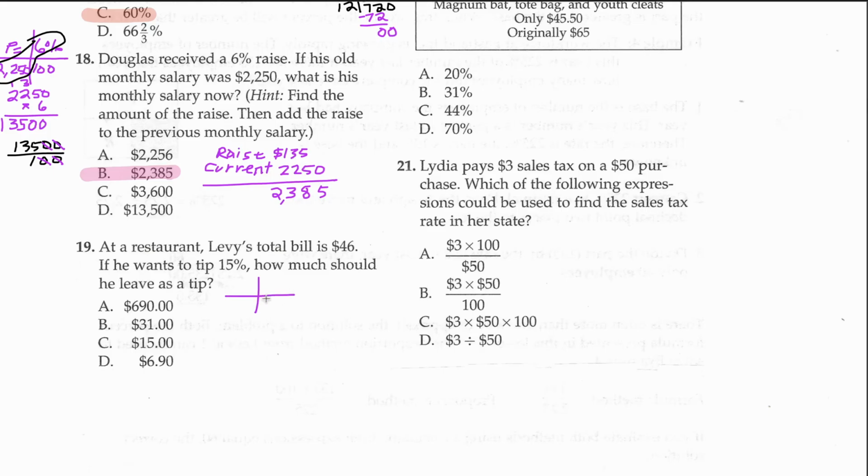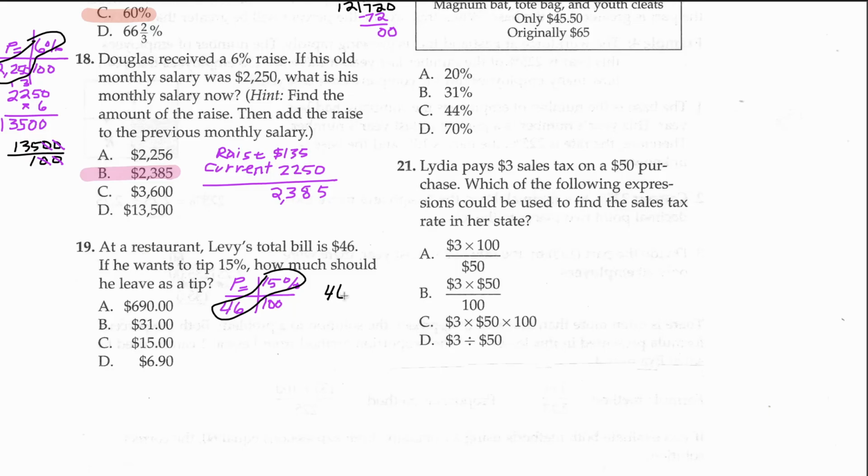And we know this is 100 that goes here. The 15% goes here. The 46 is the base. So we're looking for the part. To calculate the part, we need to multiply the 15% times the 46.